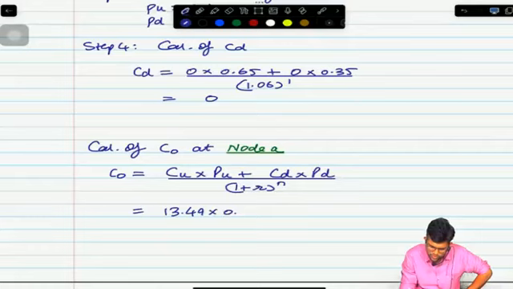That is 13.49 into 0.65 plus 0 into 0.35, the whole divided by 1.06 power 1.